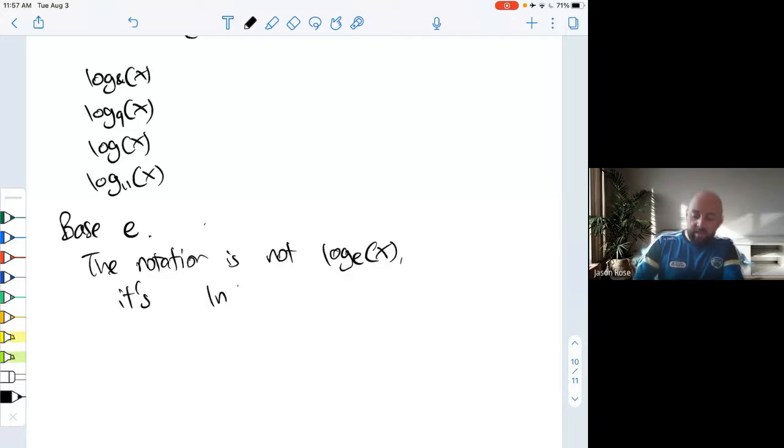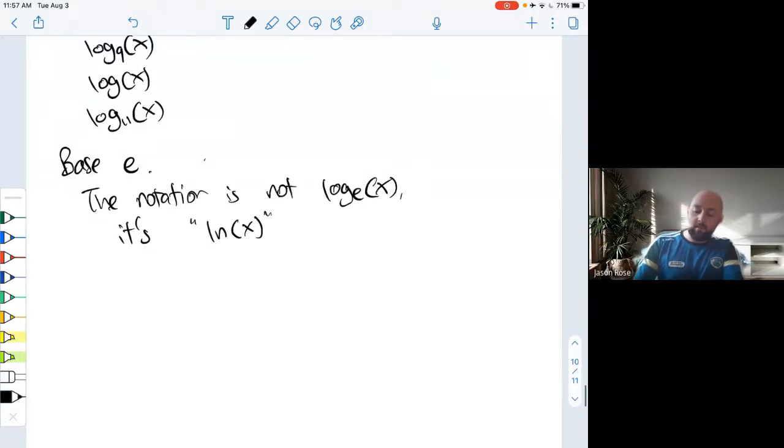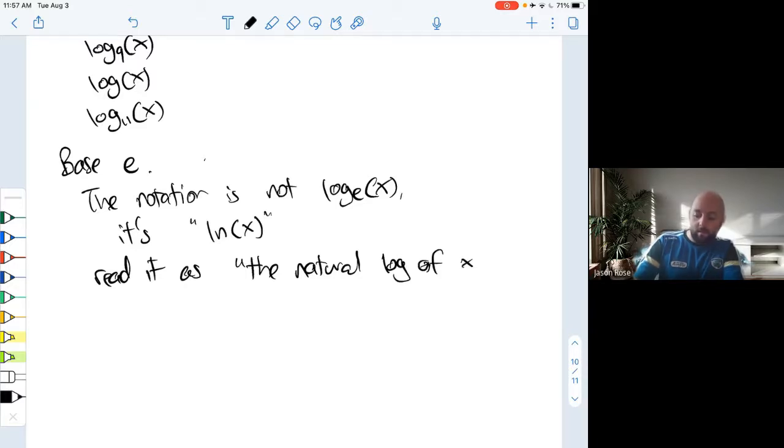It's ln of x, and you read it as the natural log of x. Again, e gets special rules because it's such a special number. Instead of log to the base e, it's ln of x.